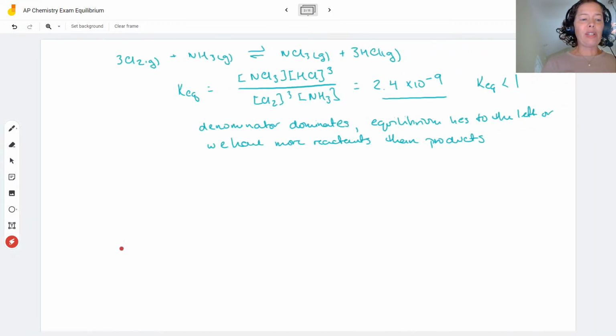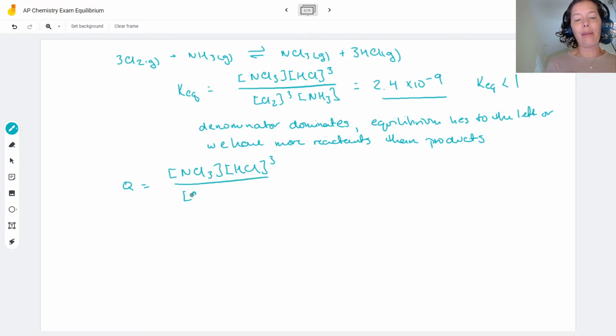So let's write an expression for Q. Now, the great thing is the expression for Q is the same thing as the expression for KEQ, except you put in the concentrations that you're trying to test. This is why we don't call it K again, because we don't know if it's at equilibrium. We're running a test here.